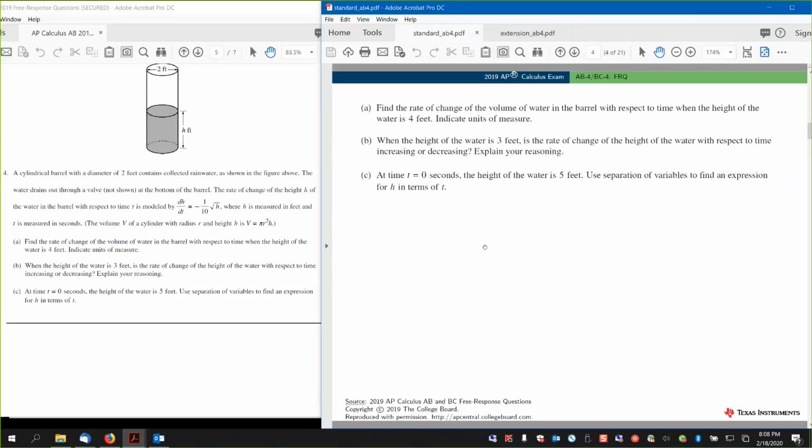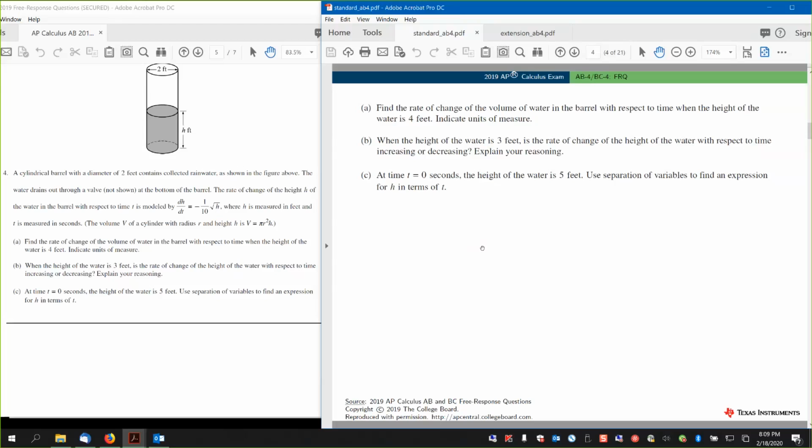I want to remind everyone that these are very rich problems that can provide you with some other resources. For instance, the first learning objective in this unit in the new framework says that students would be able to interpret verbal statements of problems as differential equations involving a derivative expression.